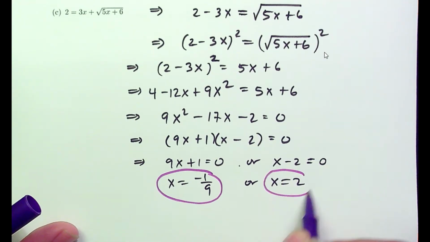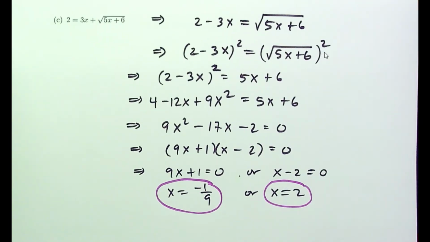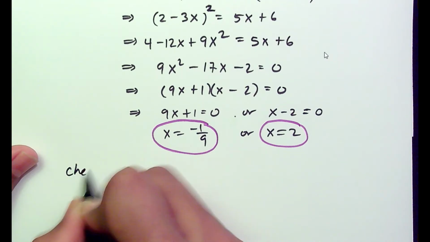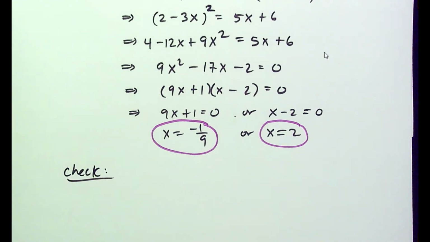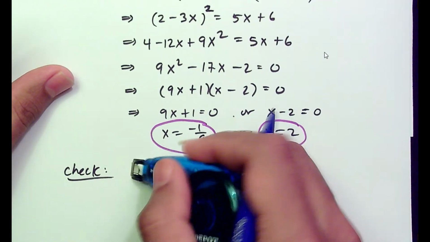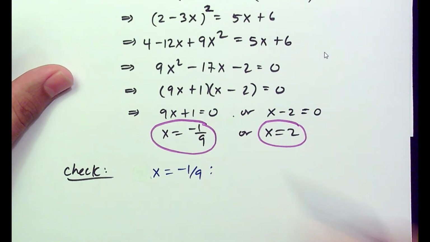Okay, so we found two potential solutions, but we have to check both of them. So let's start by checking the negative one. So I'm going to start by checking x equals negative 1/9.